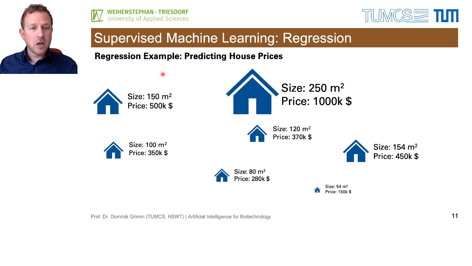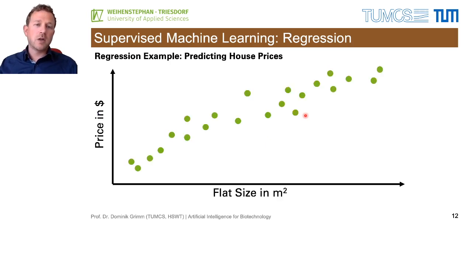In this example, we have different houses, some small houses and the price, and some large houses and the price as well. If we now plot this in a two-dimensional plot, we see here on the x-axis the flat size in square meters and the price in dollars. And you can see based on the dots here that there is some relationship, a linear relationship.